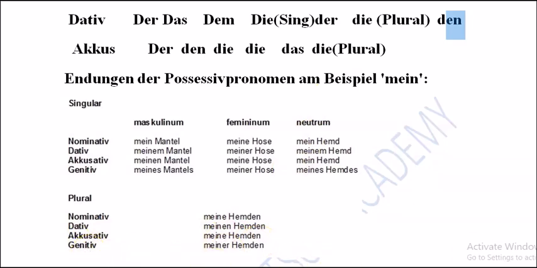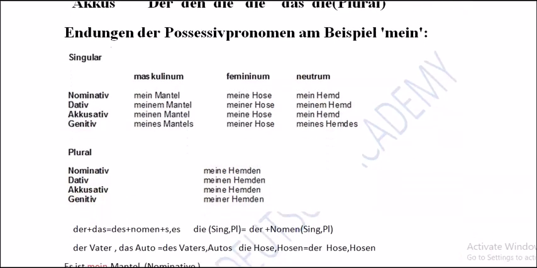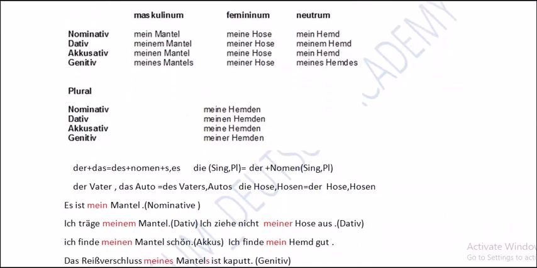And genitive, according to our genitive rules, die is changed to der. Then we are using the same plural form. Like die, we change meine to meiner, and we use the same plural form here, meinen Hemden, meiner Hemden. So it was changing rules, and we have practically changed some nouns.